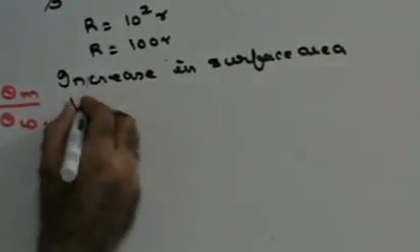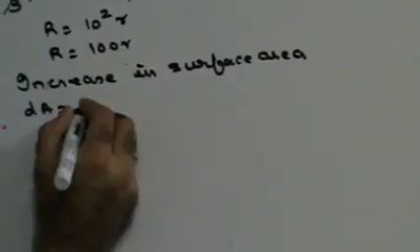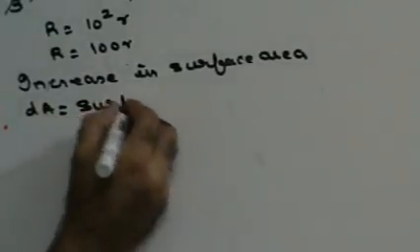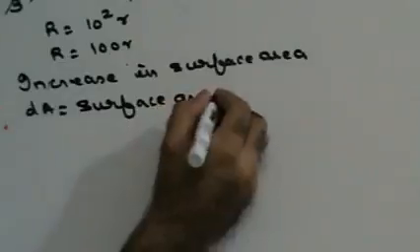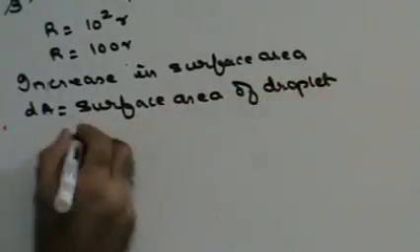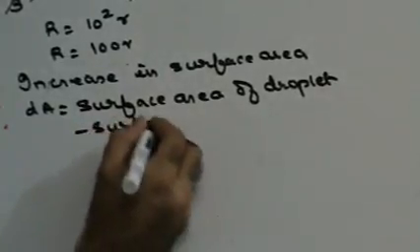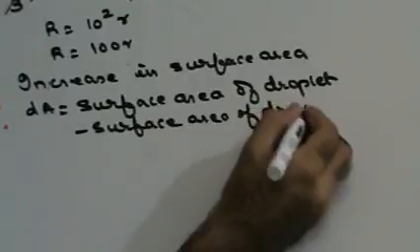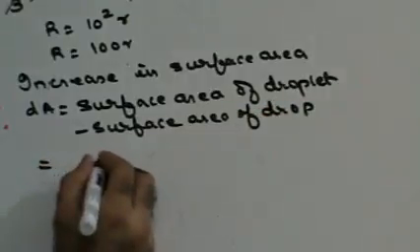Increase in surface area, dA, is going to be nothing but the surface area of the million droplets minus the surface area of the drop. Surface area is 4 pi r square.